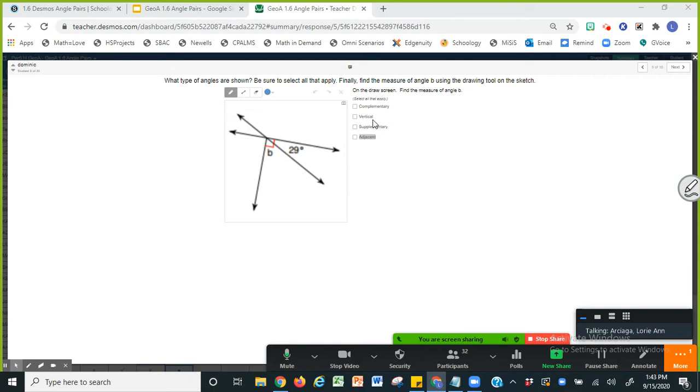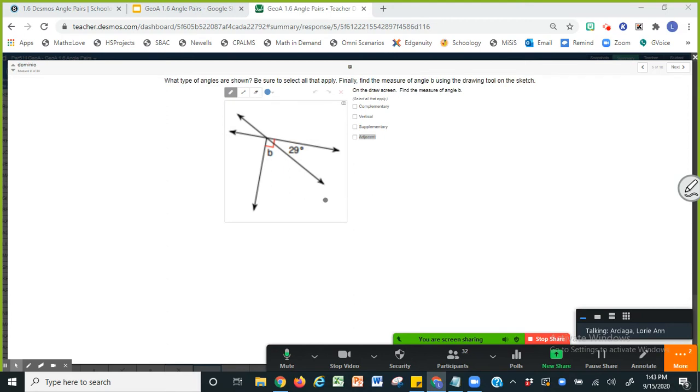Now, verticals are those that look like a letter V or a letter X intersecting line, but these make a letter L with another thing in the middle. If the angles are together, they share a side and they share a vertex, you call that what? Oh, okay. Adjacent. So you have to click on that. So there's two possible answers, right?